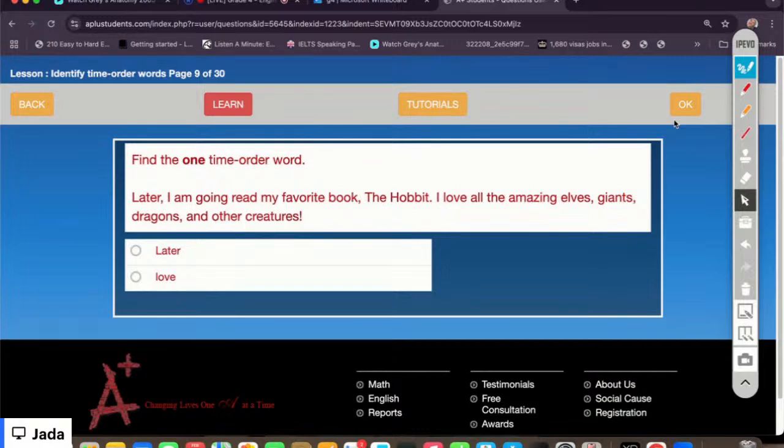Later I'm going to read my favorite book, The Hobbit. I love all the amazing elves, giant dragons and other creatures.